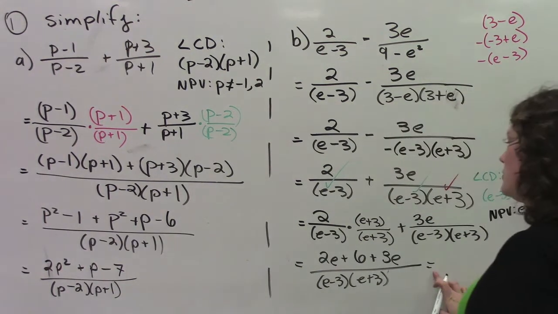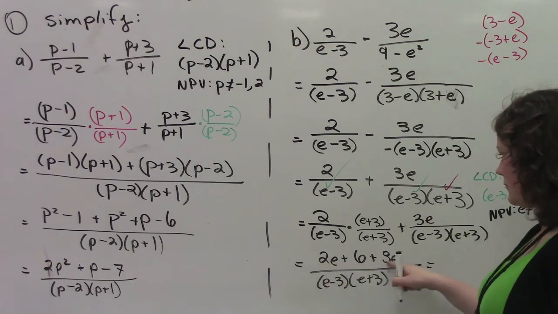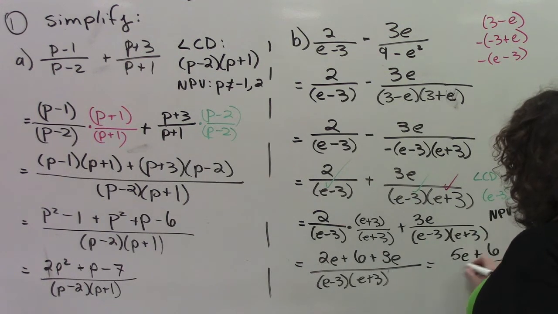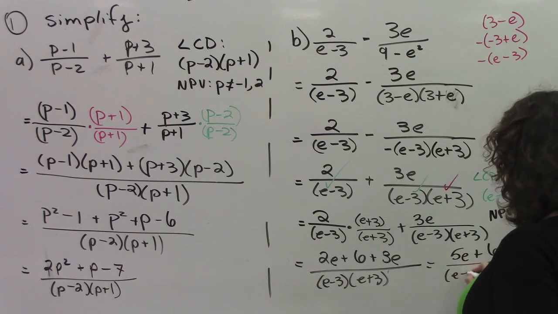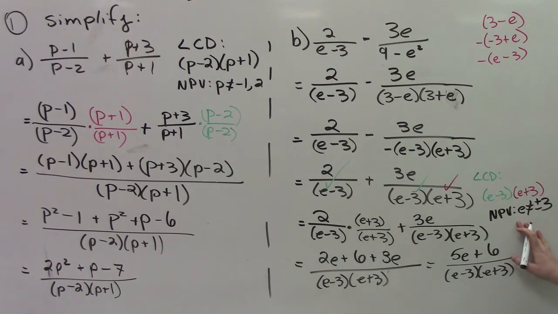I'm just going to do my work here because it'll cut off at the bottom. I need to collect like terms. 5e plus 6 all over e minus 3, e plus 3. Stated my non-permissible value, so this question is done.